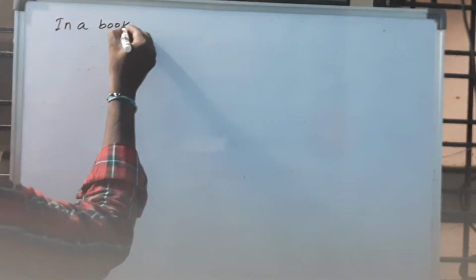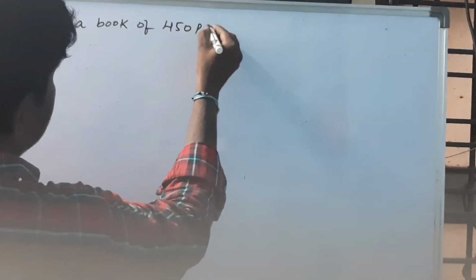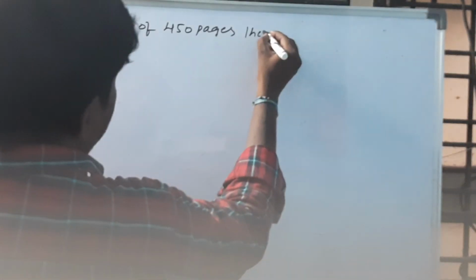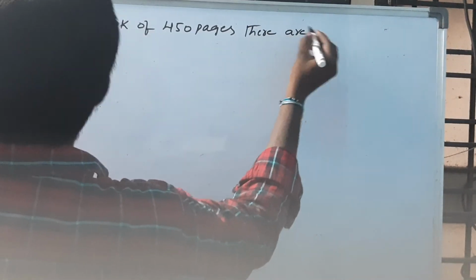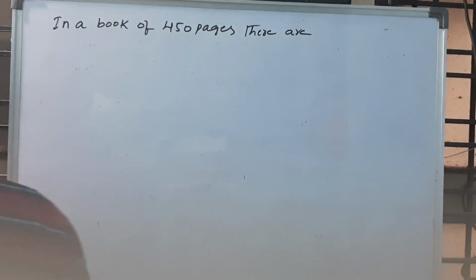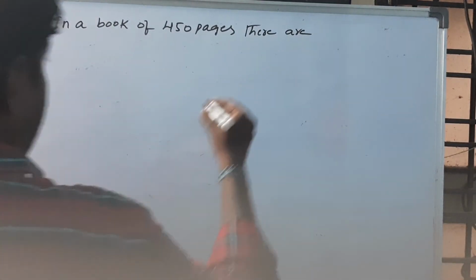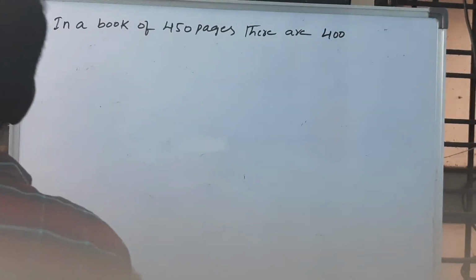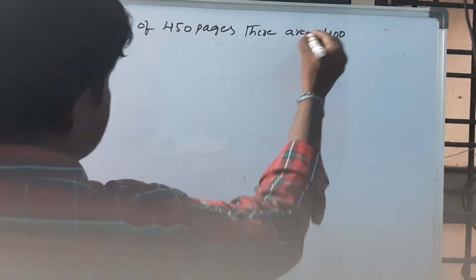See the next one. In a book of 450 pages, there are 400 typographical errors.